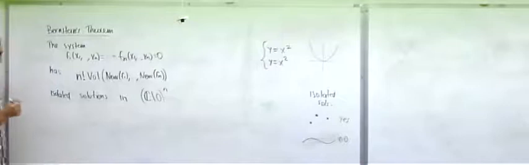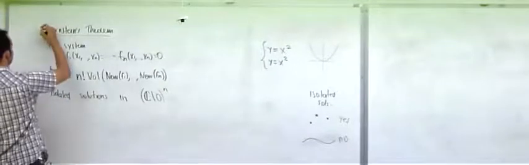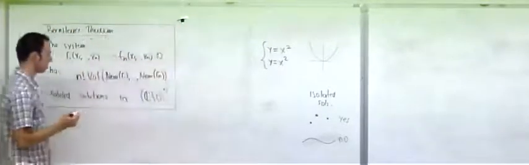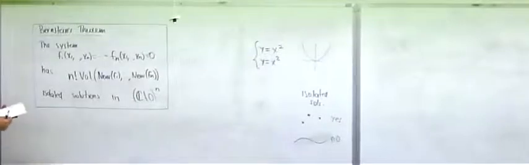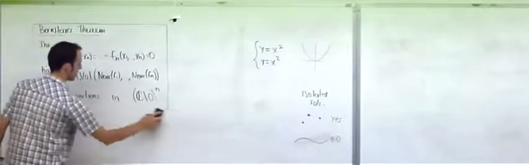So it counts solutions where none of the coordinates are 0. And that's really the true statement of Bernstein's theorem. Okay. If the coefficients are generic.